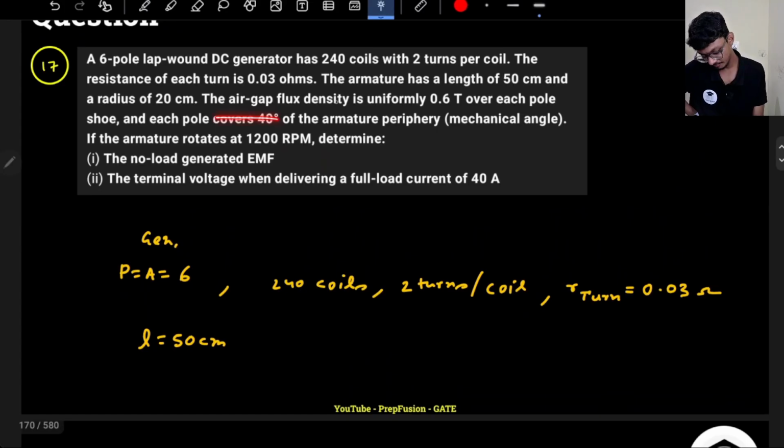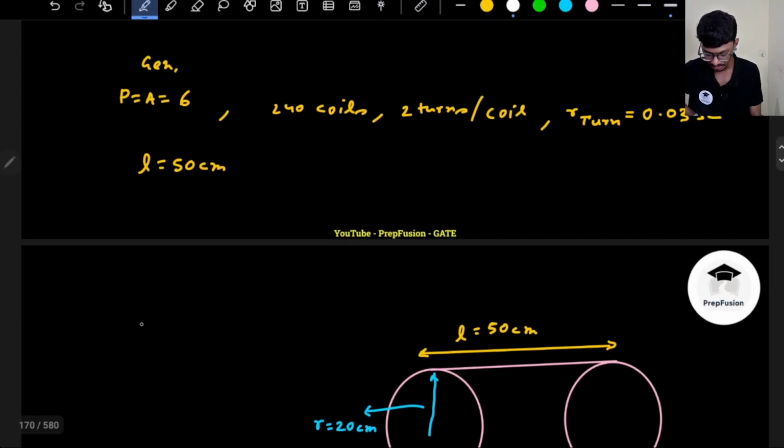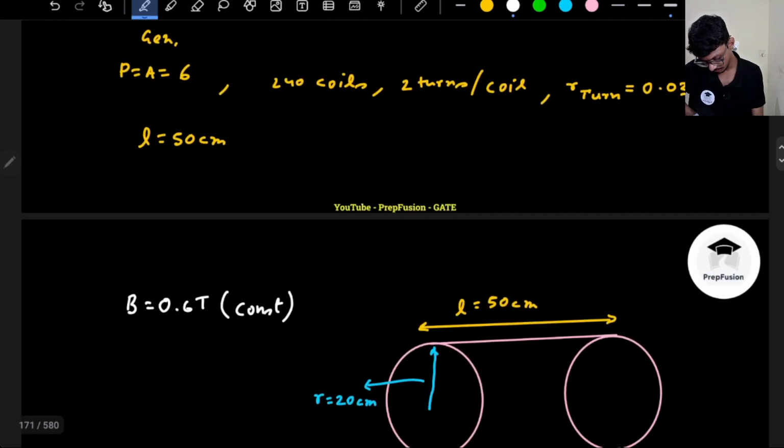The air gap flux density is uniformly distributed, 0.6 Tesla over the pole shoe. So they are telling me that the flux density is constant, 0.6 Tesla, assumed to be constant under the pole shoe.